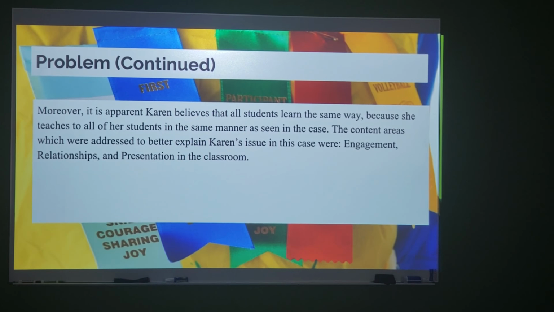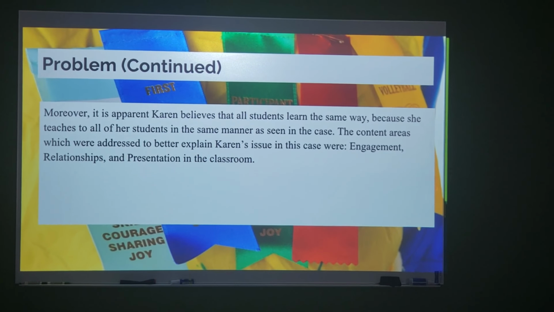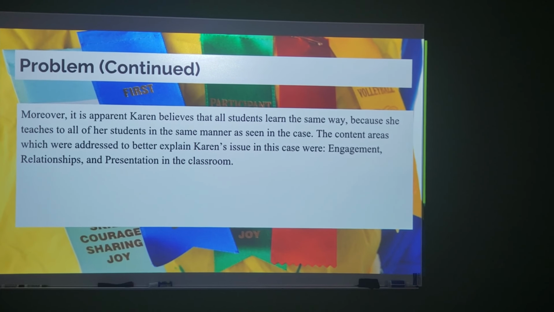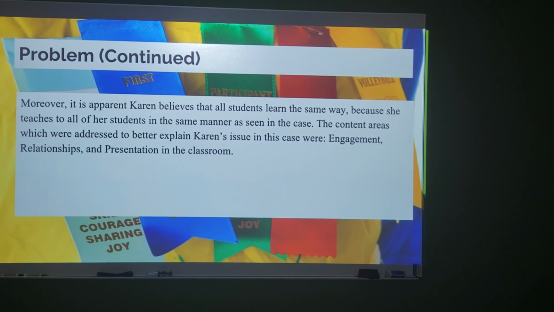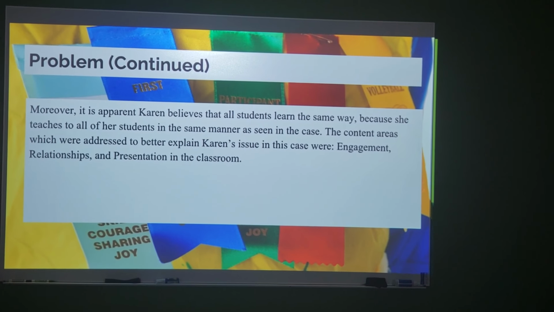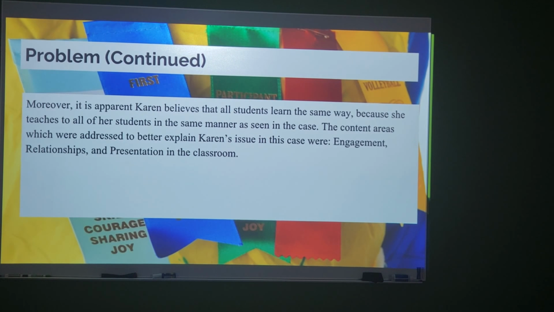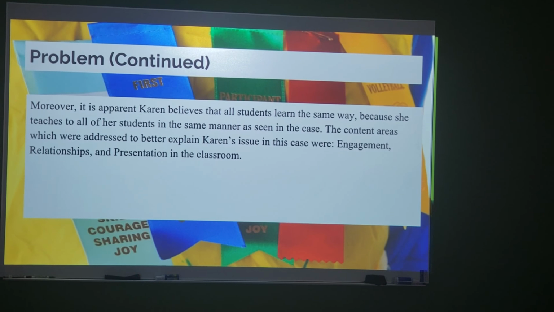The content areas that we decided as a group would help her and aid in her solution consist of engagement, relationships, and presentation in the classroom.